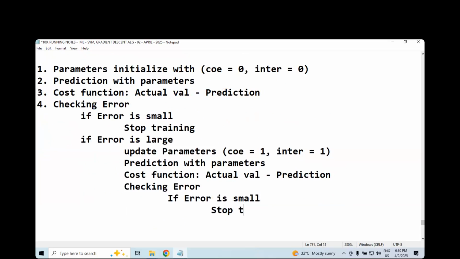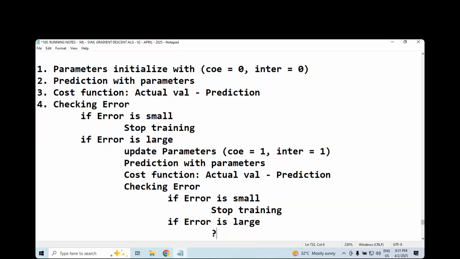Stop training. If the error is small, why train? Next step, if the error is large, we update again. This process keeps on happening until we reach a small error.